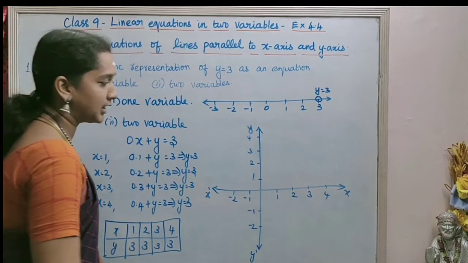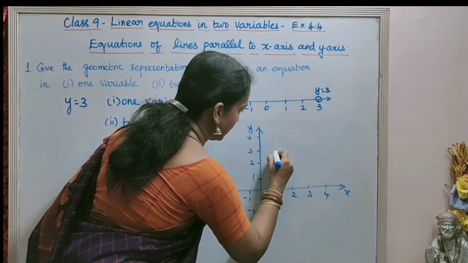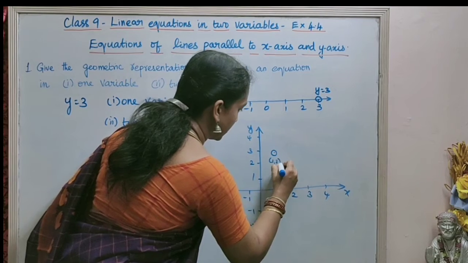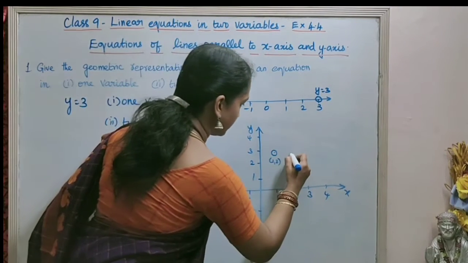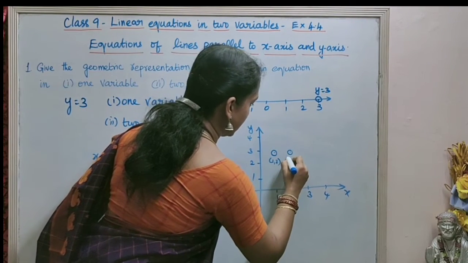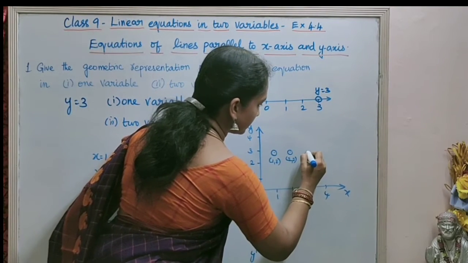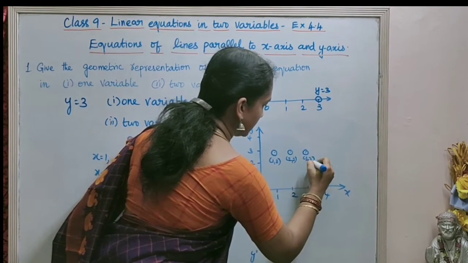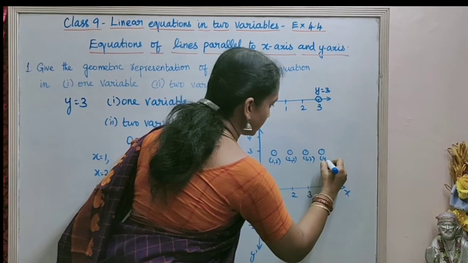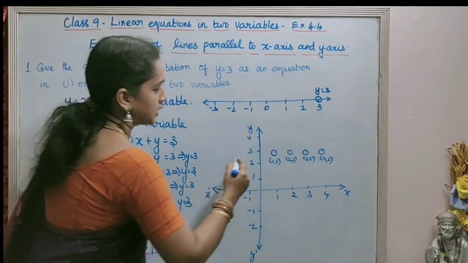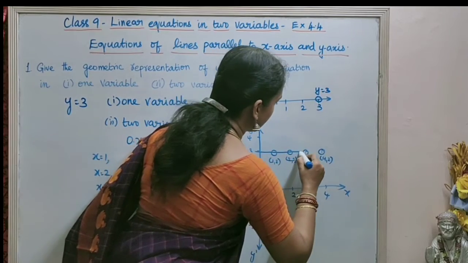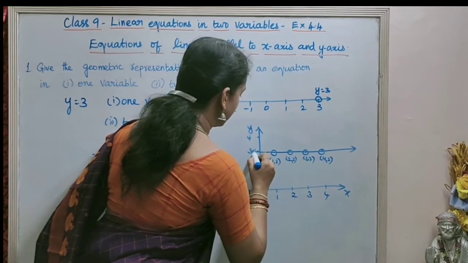So, now 1 comma 3 will be this point. Then 2 comma 3 will be here. Then 3 comma 3. Then 4 comma 3. So, these are the points. When we join this, we will get a straight line for this.